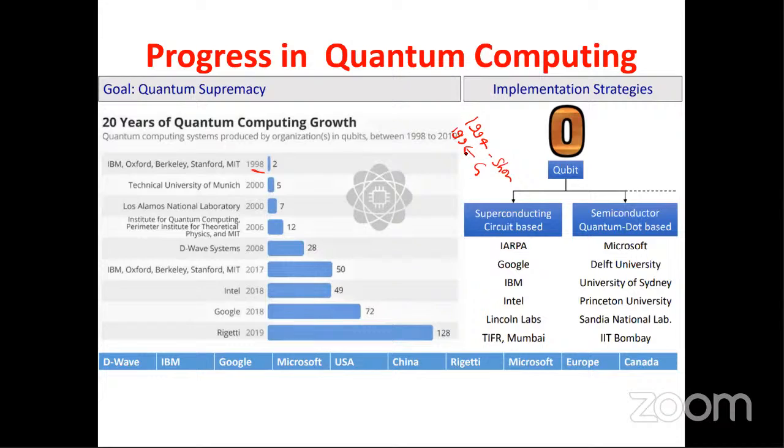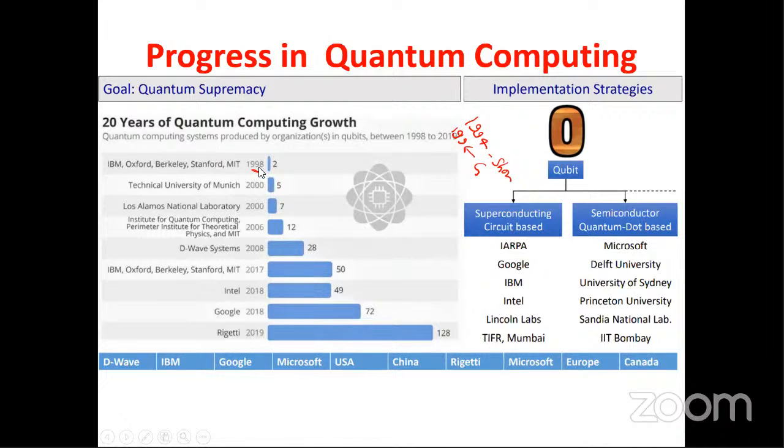After that, development started for realization of a quantum computer. And the goal was quantum supremacy, and that was achieved last year by Google. So what we want to see here is the progress of the last 20 years till 2019.